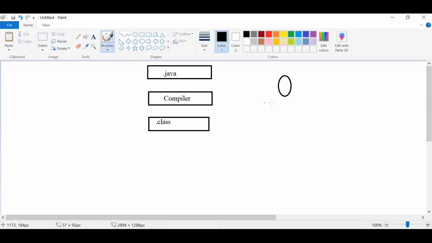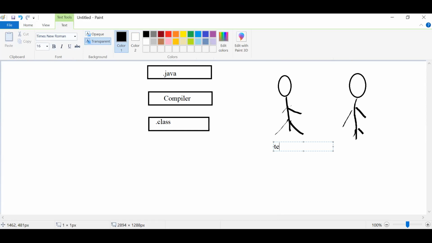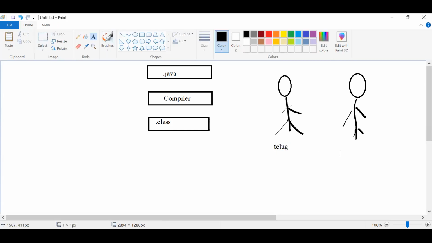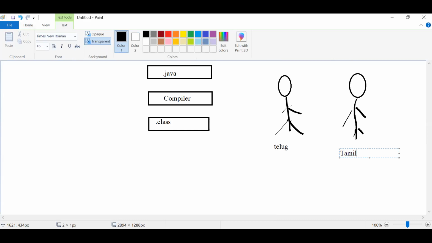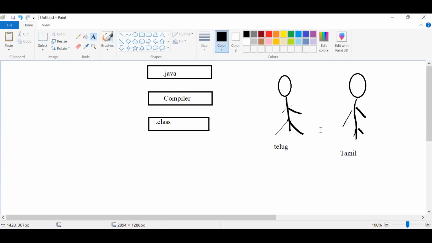So these two persons, and here also two persons, okay, one knows Telugu, and the other knows Tamil. How do they communicate? He doesn't know the Telugu language, and he doesn't know the Tamil language.